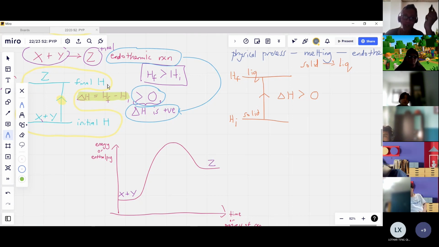But of course, I'm using this as an example. X plus Y gives you Z. You must be flexible enough to recognize if it's a different kind of reaction. Make sure you put reactants on the left, and the products on the right. Okay. What else?